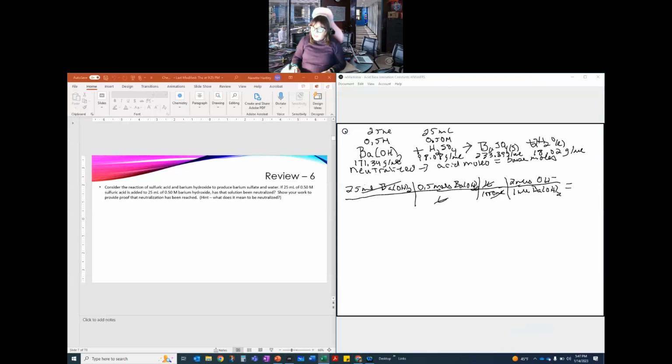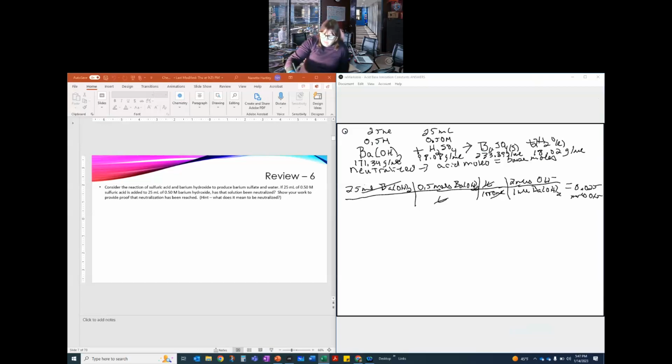I have an Excel spreadsheet because that's how I do my math. 25, 5. And I get 0.025 moles of OH minus. Okay, awesome. So now I know how many moles of OH minus I have.